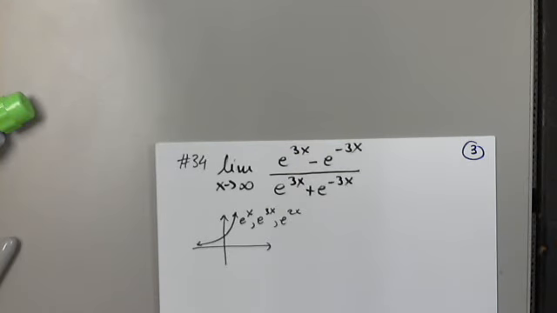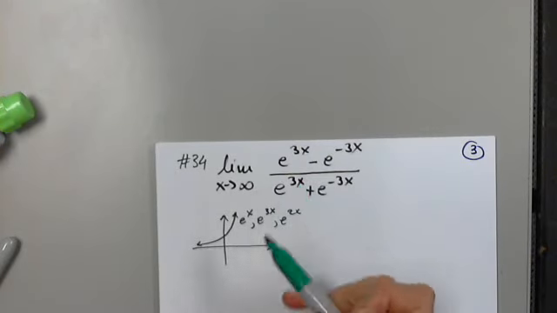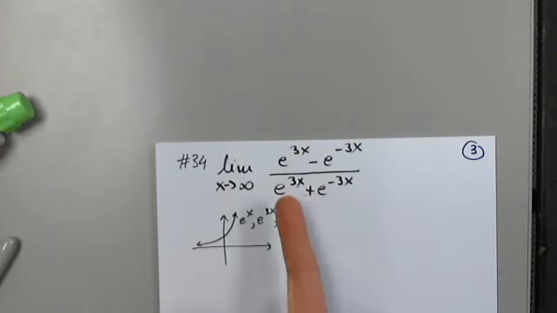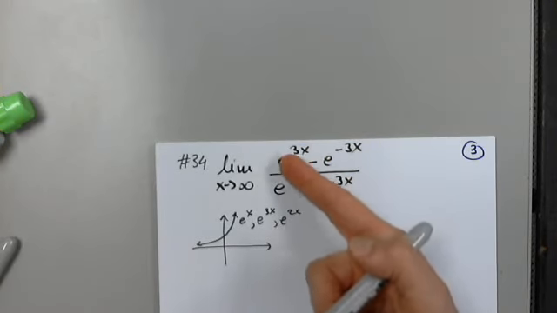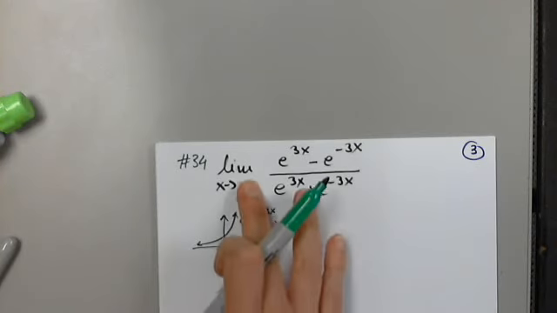Obviously when x approaches infinity, what is the limit of just this? Infinity. What is the limit of just this? Right. So this will go to infinity and this will go to infinity. Very clear, right? As x approaches infinity, the function goes to infinity.